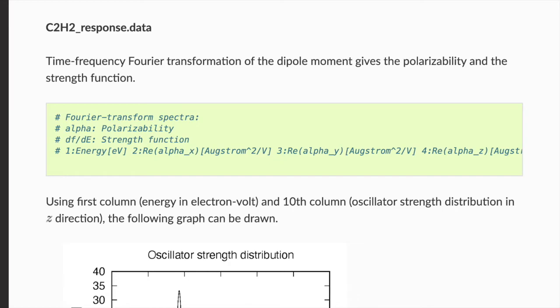The second to fourth columns show the x, y, and z components of the real part of the polarizability alpha. Fifth to seventh columns show the x, y, and z components of the imaginary part of polarizability alpha, and the 8th to 10th columns show the x, y, and z components of the oscillator strength distribution proportional to the photoabsorption cross-section.